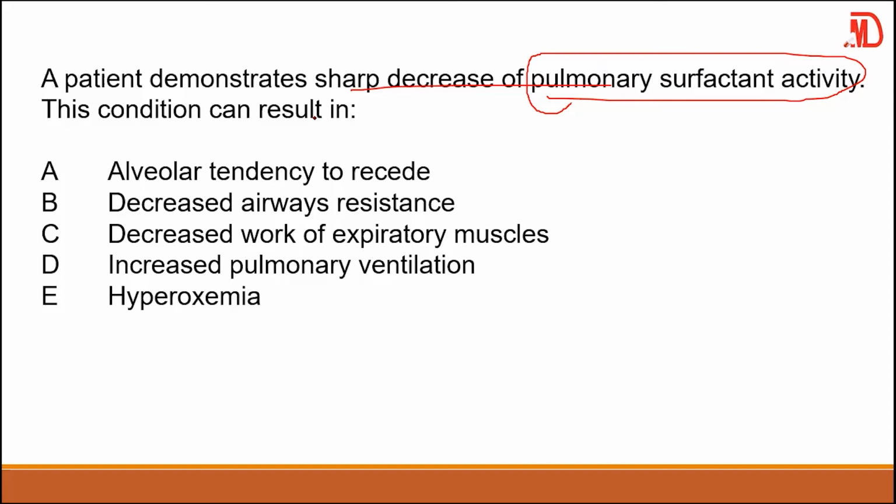So when there's a problem with the surfactant, that ability will be impaired, and so therefore we're going to have what we call an alveolar tendency to recoil, in other words, to return back to its normal form. And that can lead to a collapse of the lungs.